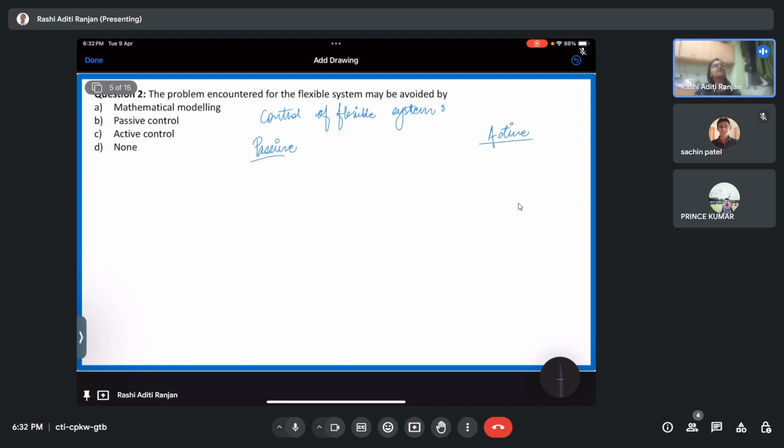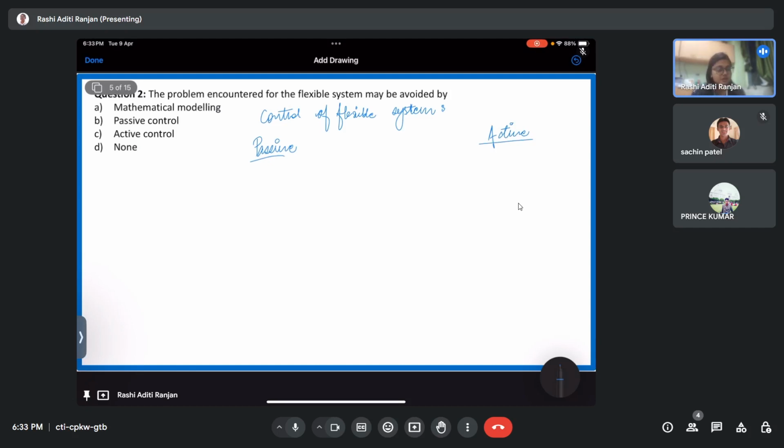If you remember, when I introduced a damper into the system, firstly, the component of vibration due to the natural frequency was damped out. Secondly, the amplitude due to the forcing of the system was reduced because of the damper, correct? So what was my damping actually doing? My damping was passively controlling my system. It was stopping my system from going to any kind of failure, any kind of high vibrations, right?